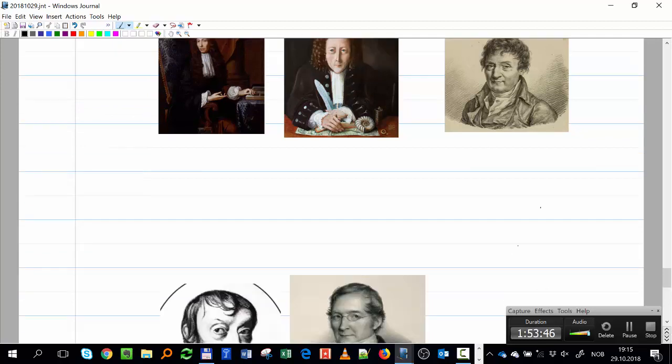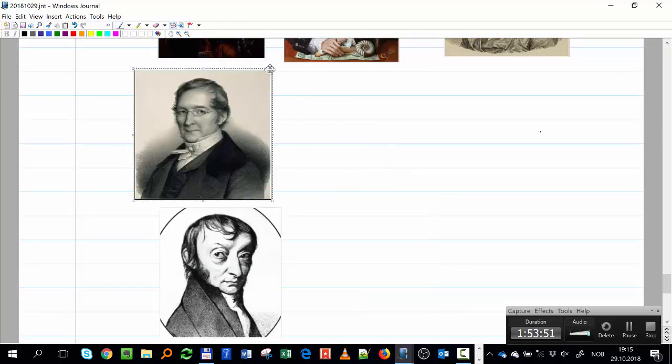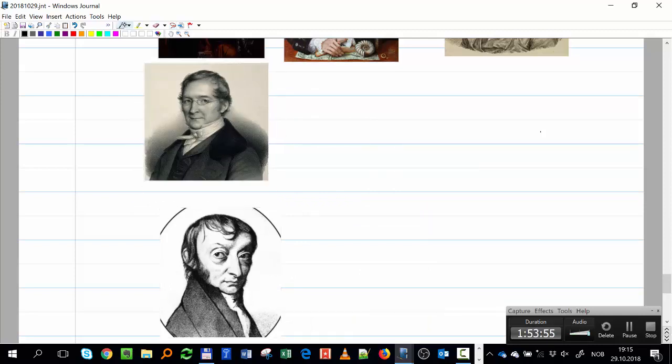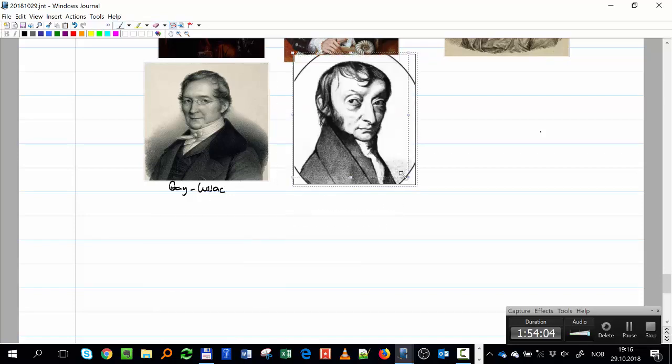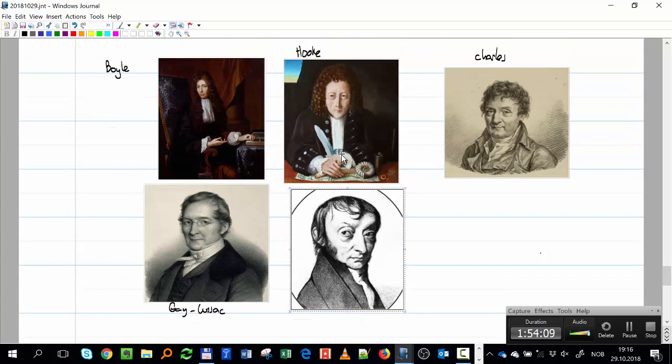A French guy. Then came this guy, who looks a bit more academic. Gay-Lussac. And this guy who looks a bit scary. He's the least handsome of the bunch, but maybe the most clever, who knows? That's Avogadro.